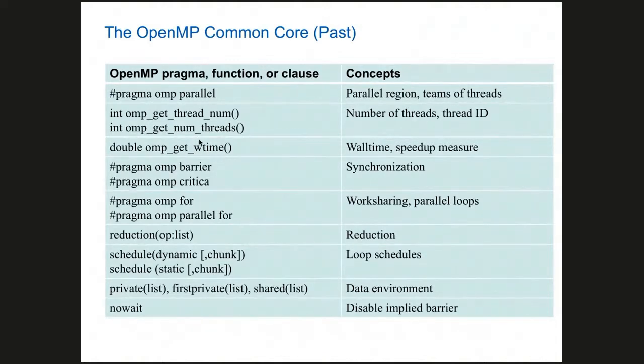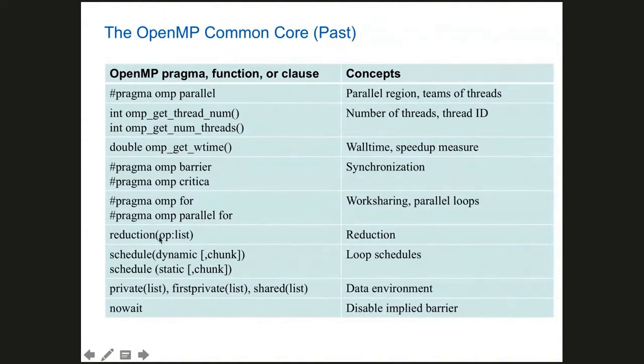And if you want to do a performance measurement, you can call omp_get_wtime. And sometimes you may need a barrier or critical for synchronization, though most of the time maybe you don't need it. And the for loop worksharing is the big thing.